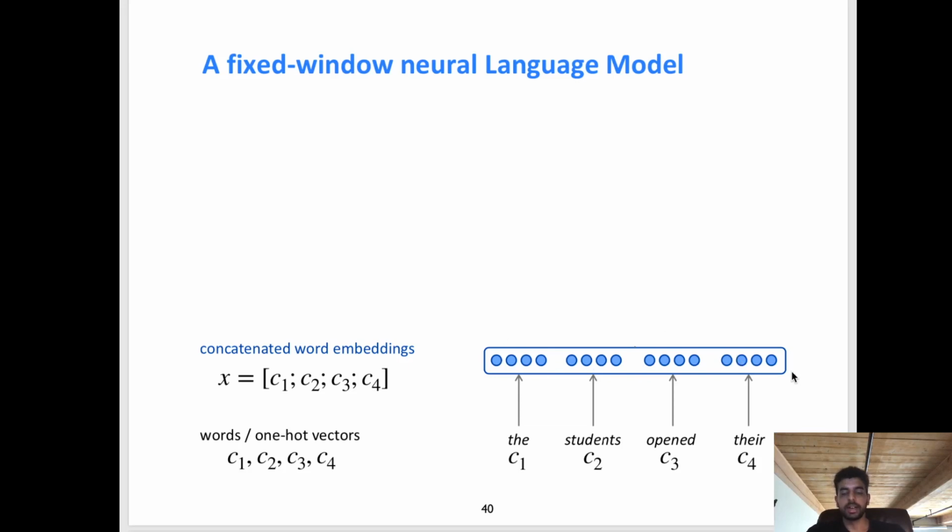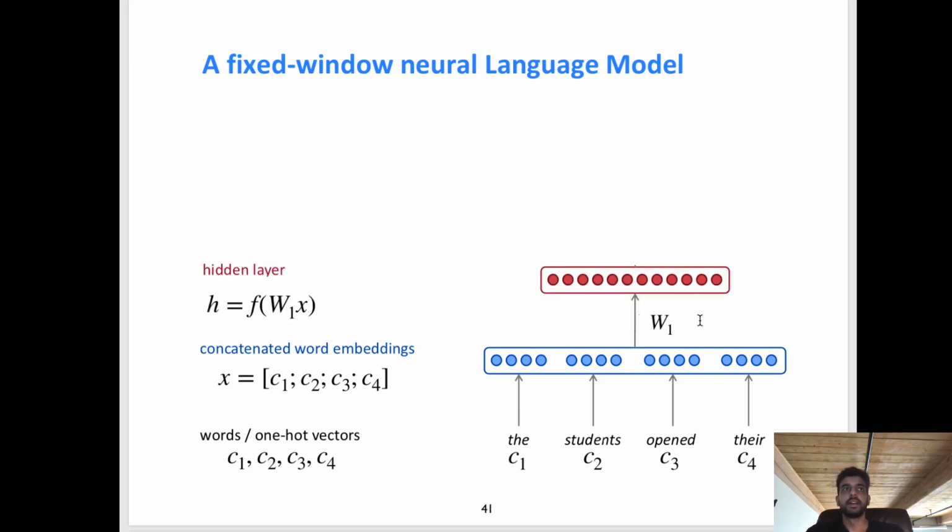Now, an important concept in any form of deep neural networks is to add a nonlinear function into the mix. We're going to call this a hidden layer in our terminology. Essentially, it's a function that takes as input this concatenated representation and produces a new vector as output.